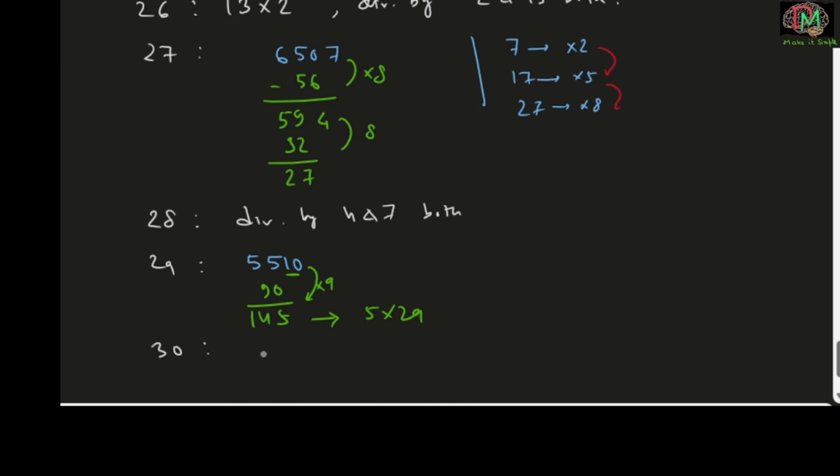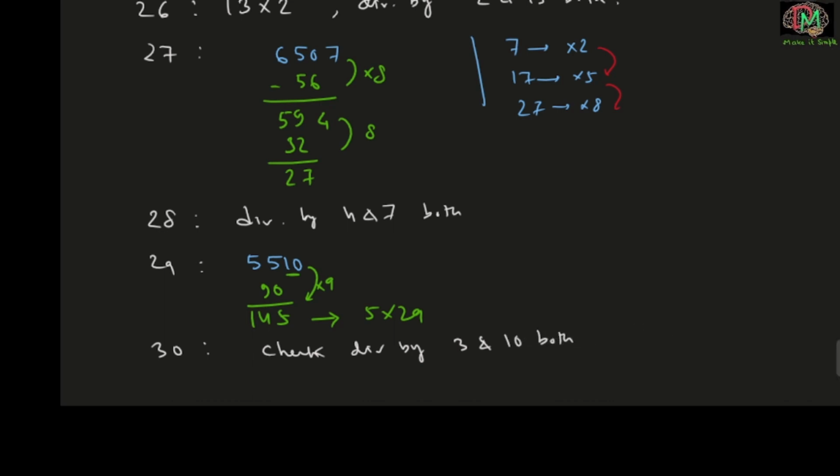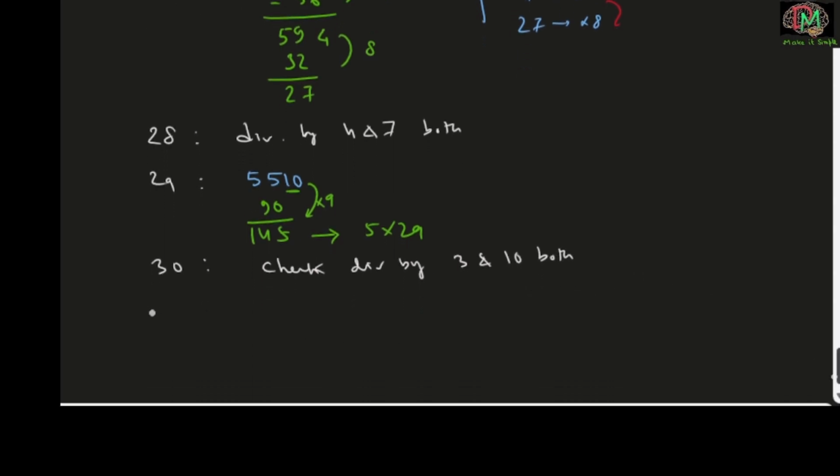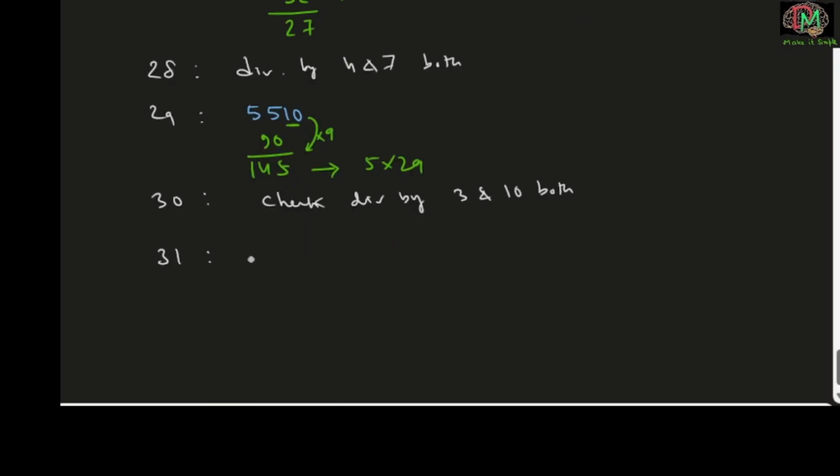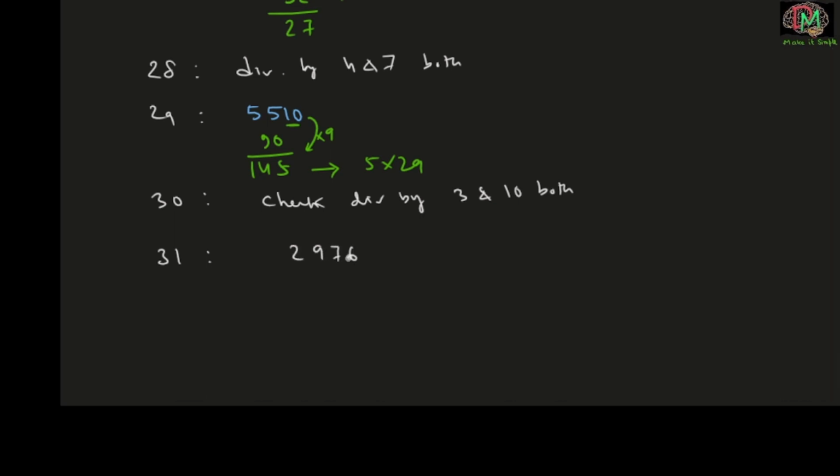For 30, check divisibility by both 3 and 10. And 31. Let's take one example, 2976.